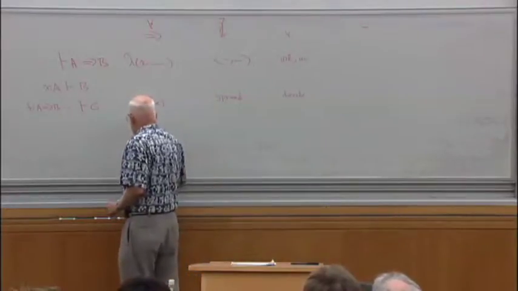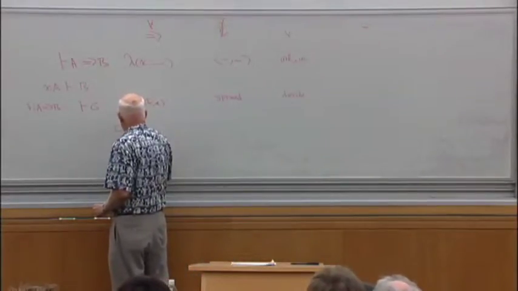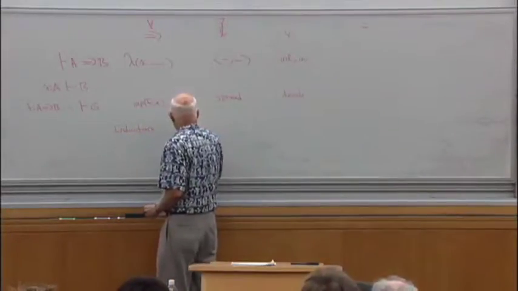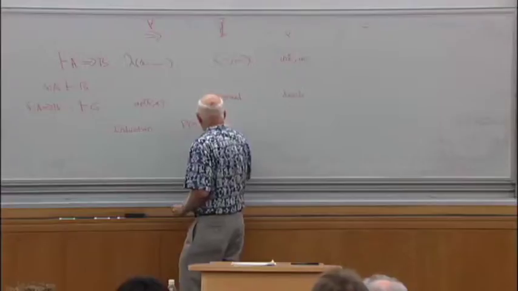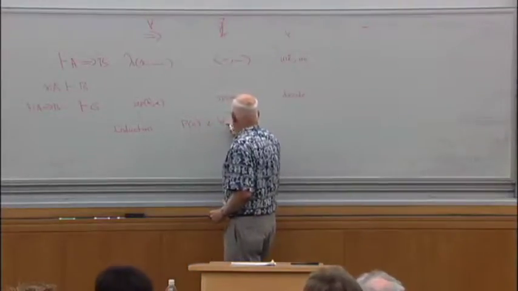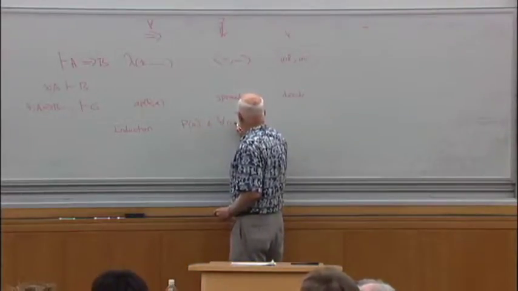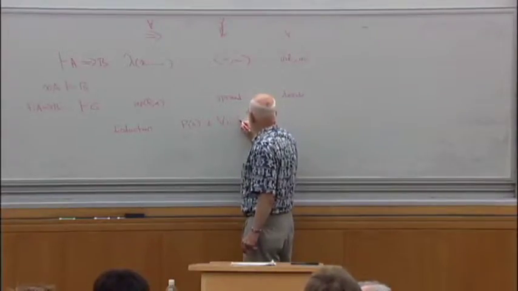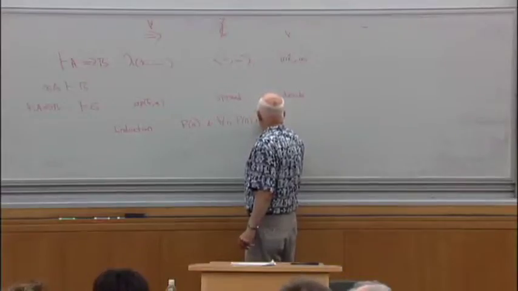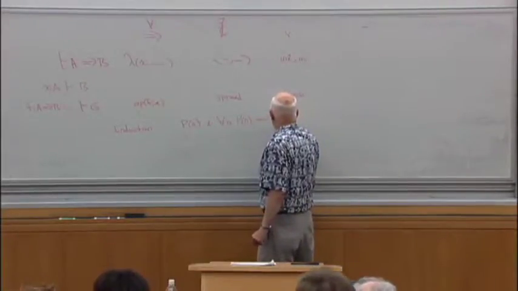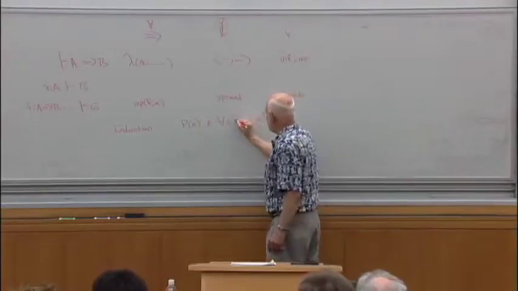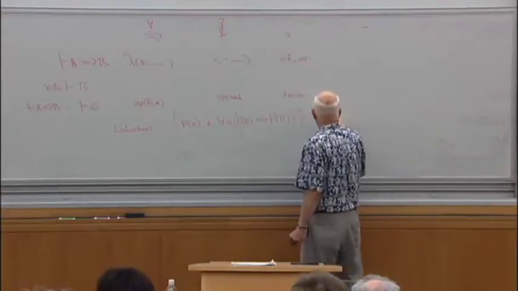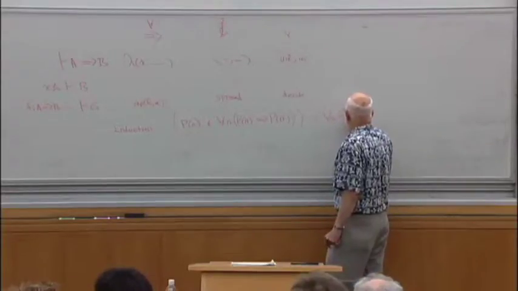We could write induction like this. We have this induction principle: if you know P of 0, and if for all n you have P of n implies P of successor of n, then from this we should be able to conclude for all x, P of x.